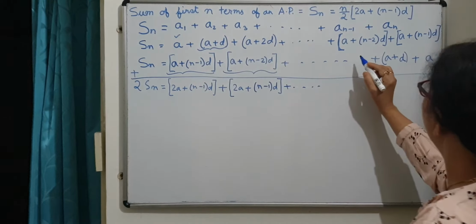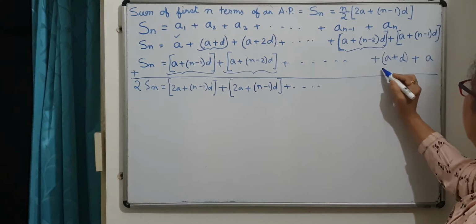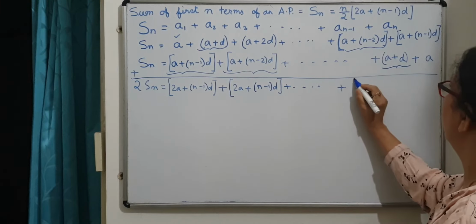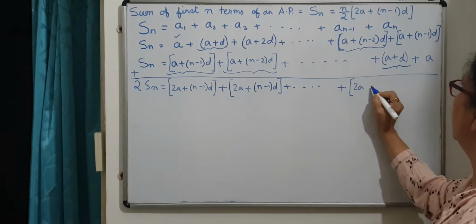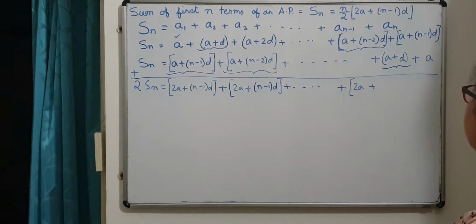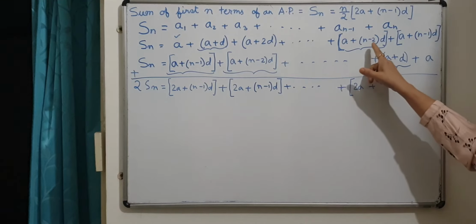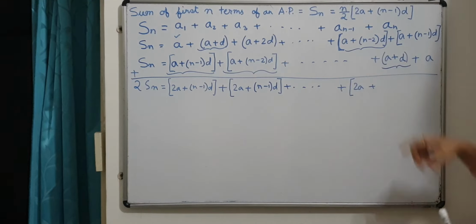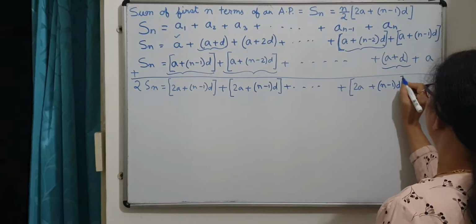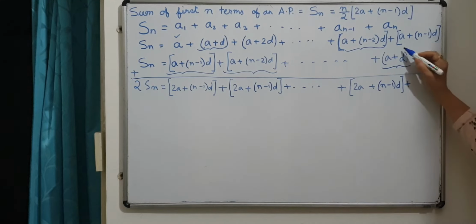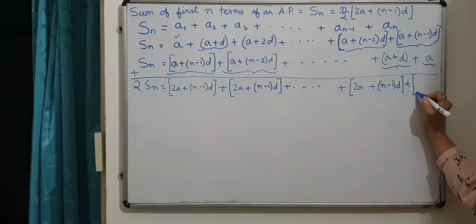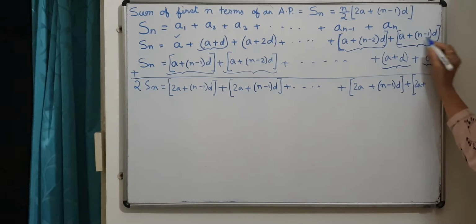Then let us come to the last second term, this one and this one I will be adding. So again a plus a, twice a, and here the same thing, n minus 2 plus 1, so it is n minus 1 into d, and then finally this last term and this term, so a plus a, twice a plus n minus 1 d.